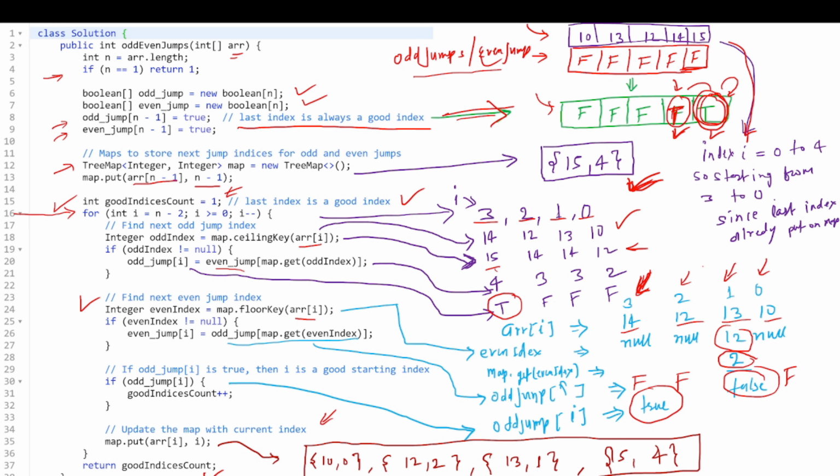When I equal to 4 we have already put 4. When it is I equal to 3, what element will get stored here? Think: at 3 we have 10, 13, 12, and then 14.